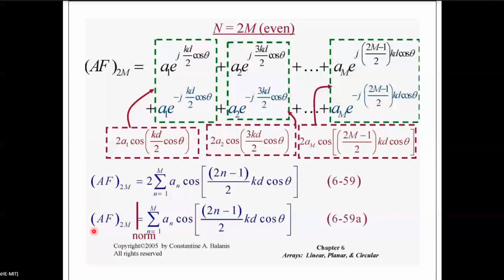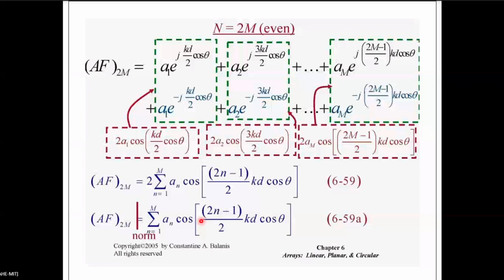spacing, non-uniform amplitude. An represents the amplitude of the elements. It is uniform spacing, no progressive phase shift. Phase shift is the same for all the elements, beta is 0.